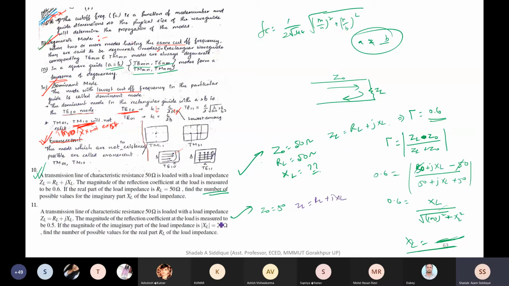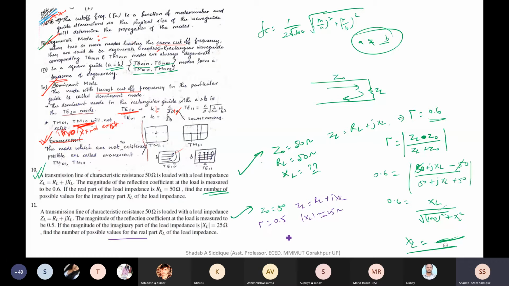The magnitude of the reflection coefficient comes out to be 0.5. The magnitude of the imaginary part of the load impedance, that is XL, is equal to 25 ohm. Find the number of possible values of the real part RL of the load impedance.